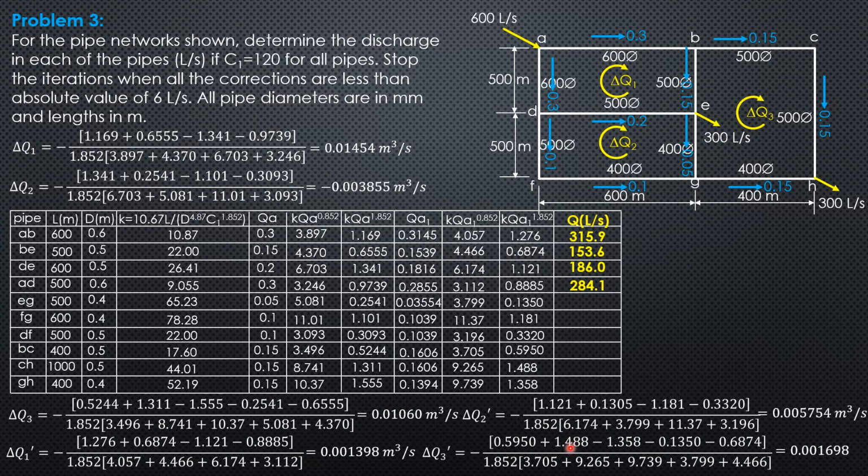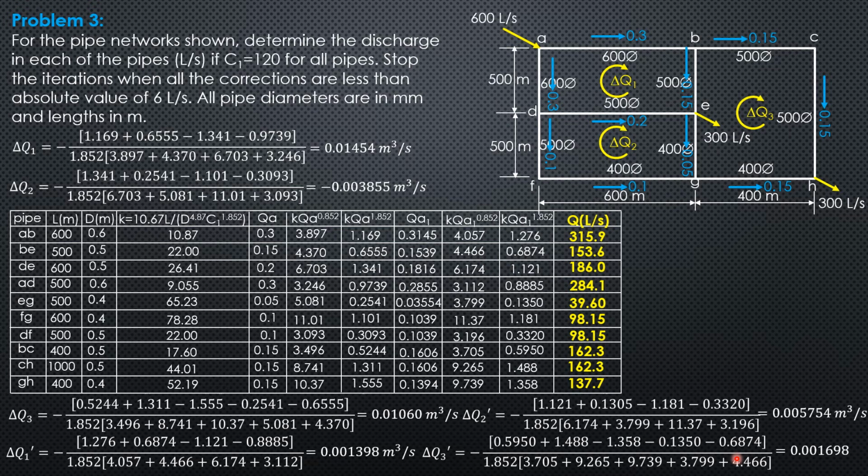Delta Q3 prime is equal to negative of the quantity BC 0.595, plus CH 1.488, minus GH 1.358, then minus EG 0.135, minus BE 0.6874, divided by 1.852 times the quantity KQA1 to the 0.852 for BC 3.705, then CH 9.265, plus GH 9.739, plus EG 3.799, plus BE 4.466.